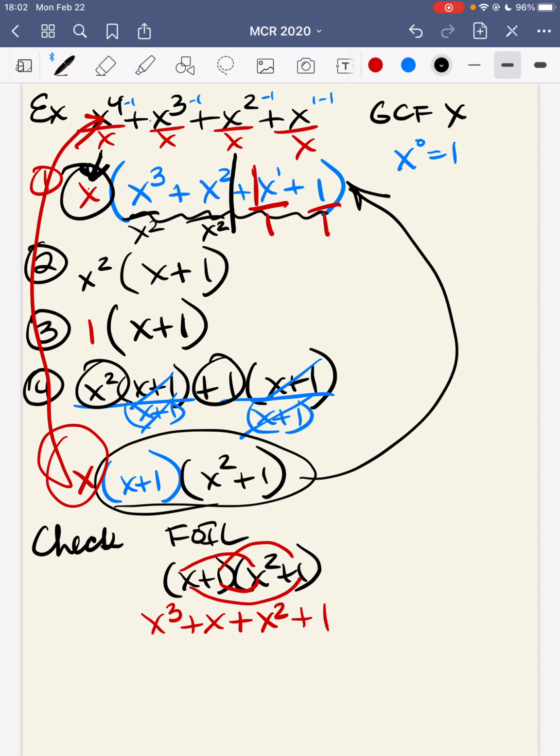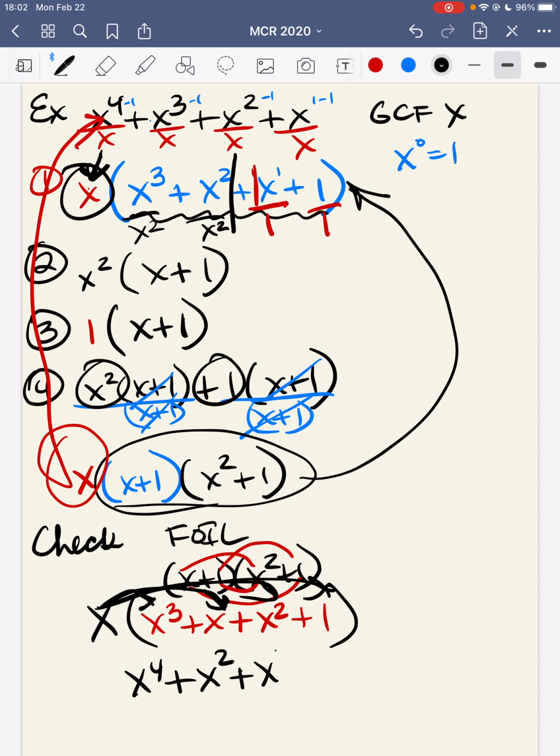All this needs to be multiplied by the red X that was on the outside, which is now black. And I need to distribute this through to each piece to hopefully get back to where I started from. Okay, so X to the first and X to the third is X to the fourth. X to the first is X squared. X to the first and X squared is X to the third.